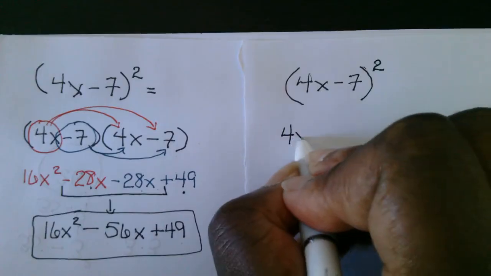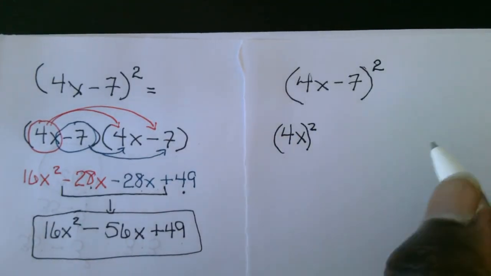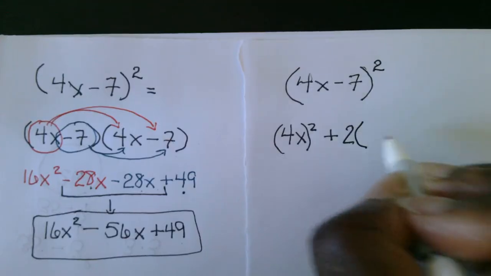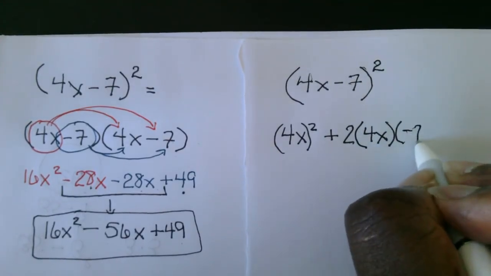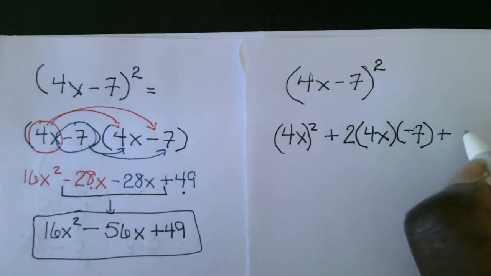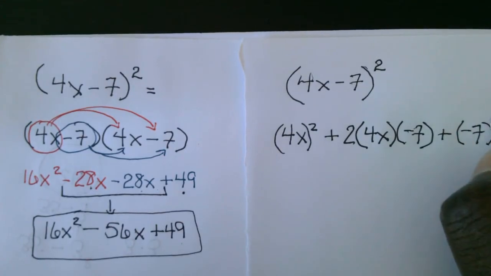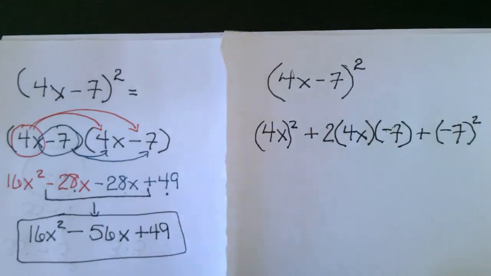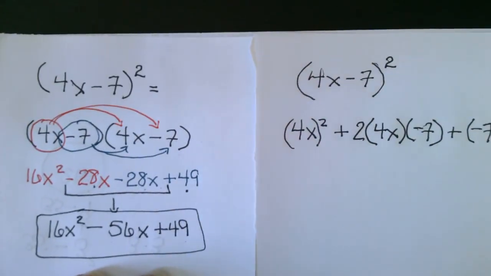So we're taking our 4x squared, plus 2 times your 4x times negative 7, plus your last term squared. Okay, so this is a little more advanced, but it works.